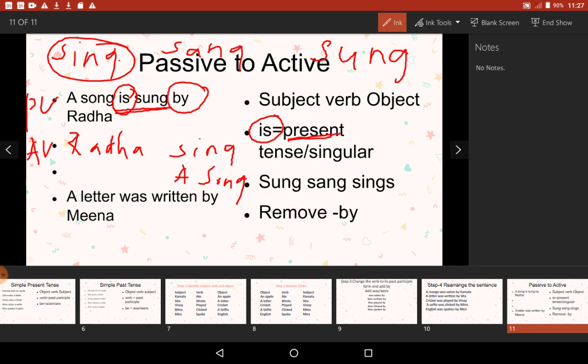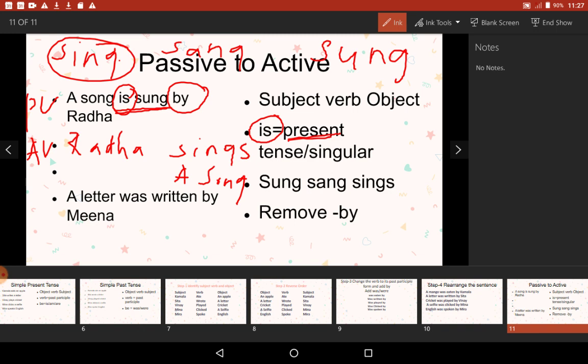So here sing is a plural verb, Radha is a singular subject. So there is a clash, isn't it? In order to make the verb singular, what should we write? Sings. So finally our active voice sentence becomes Radha sings a song. Okay, I hope you have understood this.